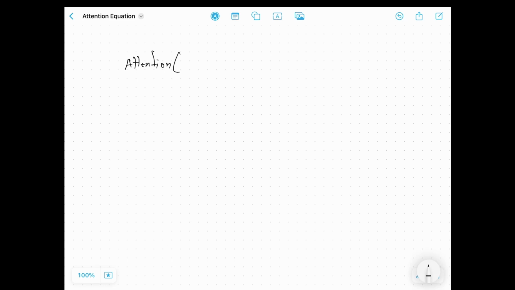So attention of query key value is softmax of the query key divided by the dimensionality of these vectors, sorry, the dimensionality of these matrices, and multiplied by v. So this is our equation. Sorry for the bad handwriting.